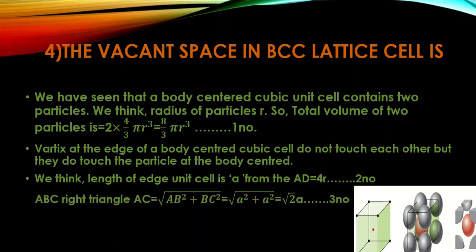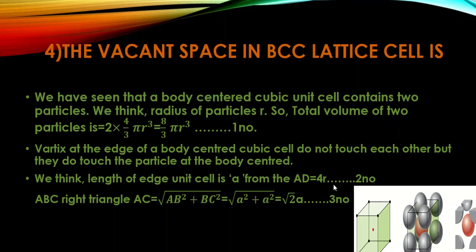Next, we consider the triangle ABC, that is a right triangle. AC is equal to root over AB square plus BC square, where AB means the edge length, that is a square, plus BC the same, a square, so AC is equal to root 2 into a.